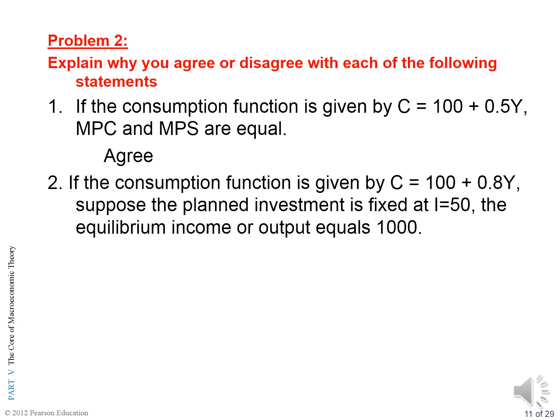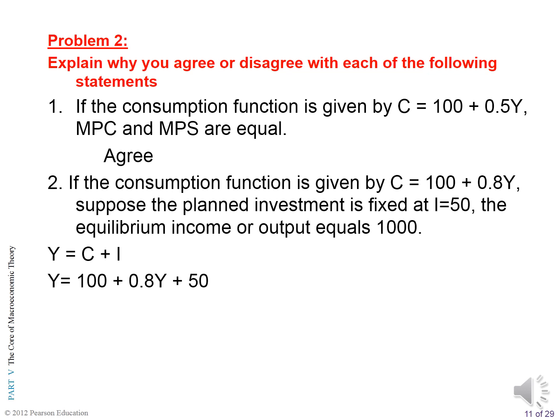Okay. If the consumption function is given by C equals 100 plus 0.8Y, suppose the planned investment is fixed at I equals 50. So the equilibrium income or output equals 1000. I can't say true or false without calculating it. I'll say AE at equilibrium, Y, equals C plus I: 100 plus 0.8Y plus I, which is 50. So that's 150 plus 0.8Y.